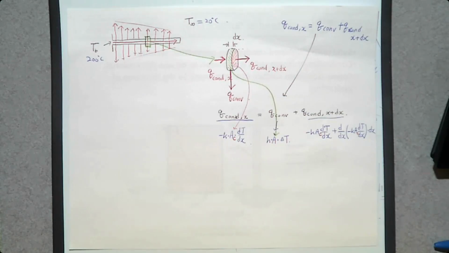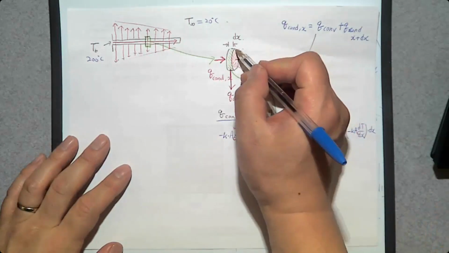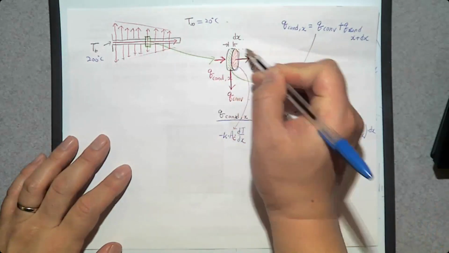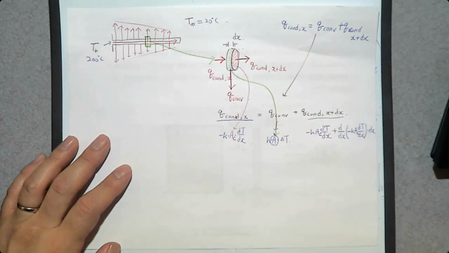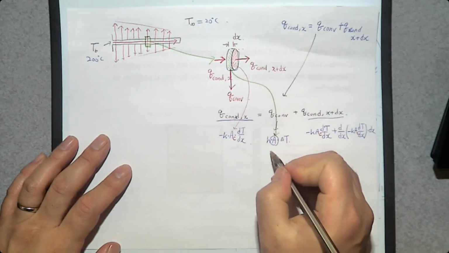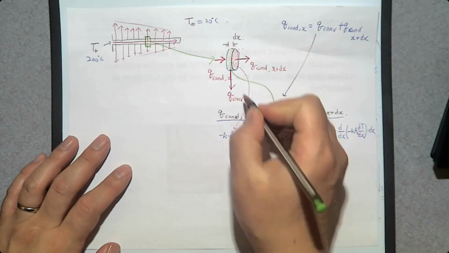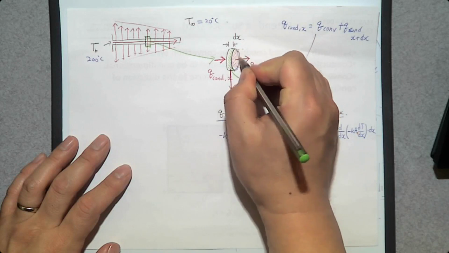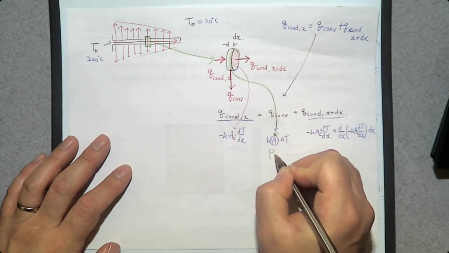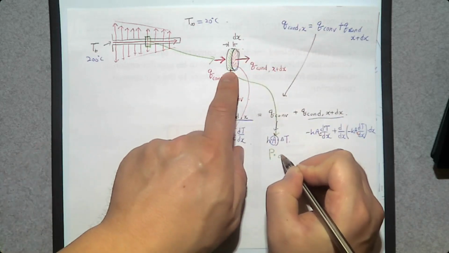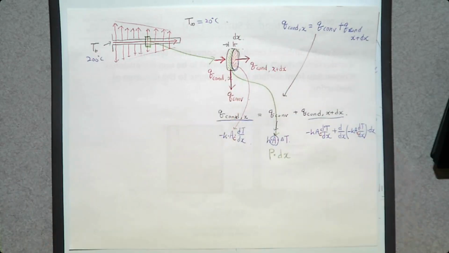Then I'm going to say this area is going to be the perimeter, this one, P times the thickness dx. Can we do that? Yeah, no problem.